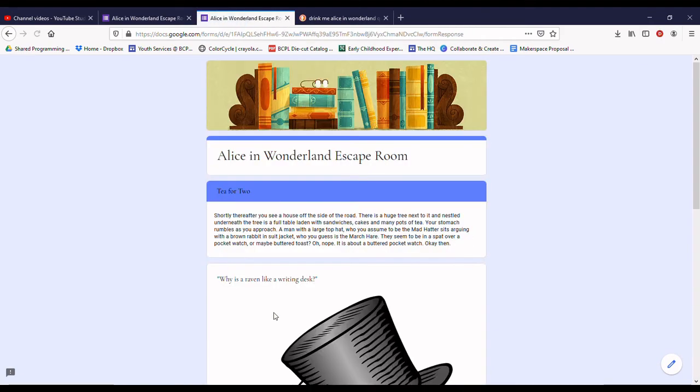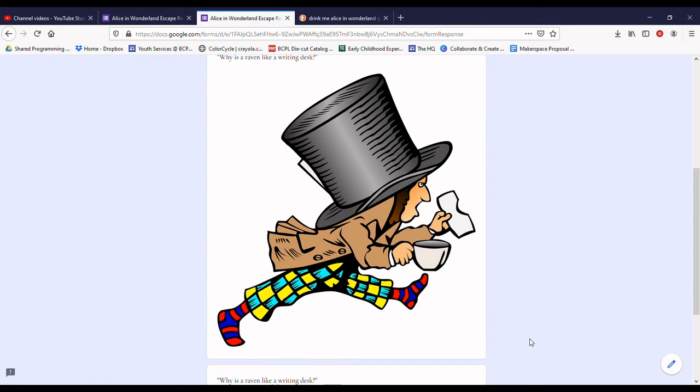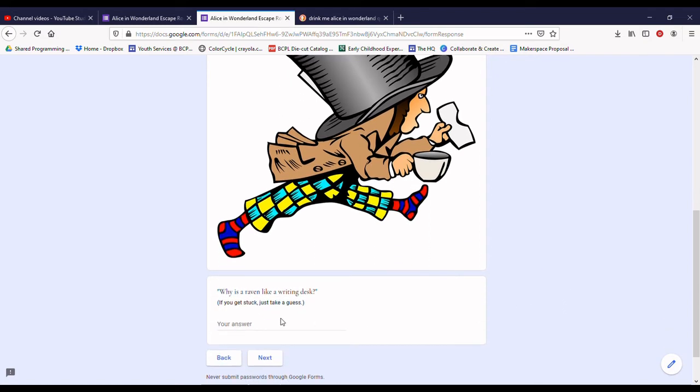And we find the creepy Cheshire cat. So why is a raven like a writing desk? This one is more difficult just because it's so ridiculous. This is a very hard riddle. You've got the hint here. If you get stuck, just take a guess. So they both have claws.